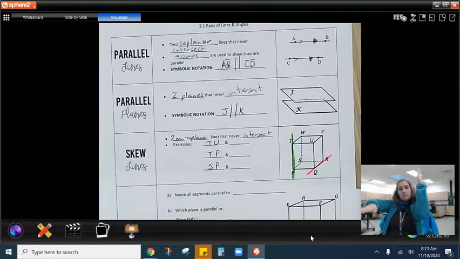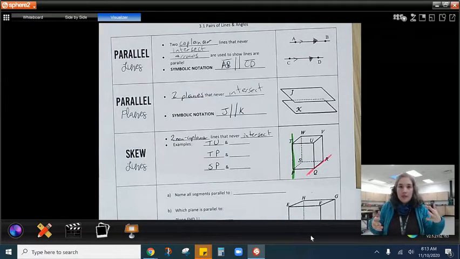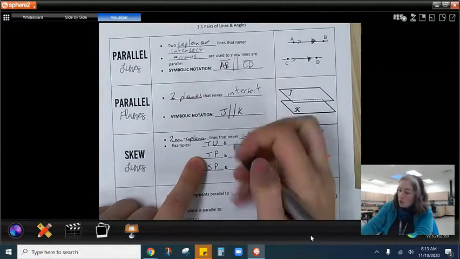They never touch. But they're also not in the same plane, right? That's skew. So it's this kind of weird thing. And when you have house plans, you'll see that a lot with certain pipes and things. They're skew. You've got one that's going up and you've got one that's running over here in a wall. They're skew, they never touch. So TP and QR.